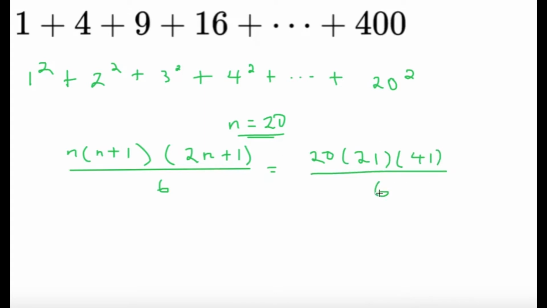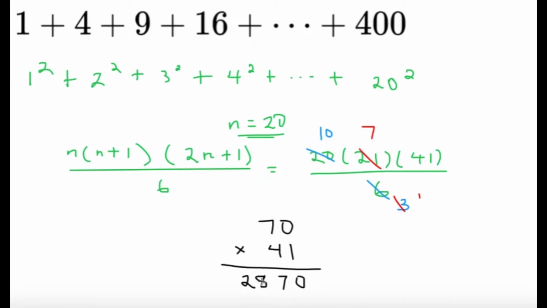Again, we can use cancellation. The 6 and the 20 become 3 and 10, and the 3 and the 21 become 1 and 7, so it's a little bit big. So 10 times 7 times 41, so 10 times 7 is 70, so we can do a little bit of multiplication here. 70 times 41: we can take down the 0, 7 times 1 is 7, 7 times 4 is 28, so 2,870.